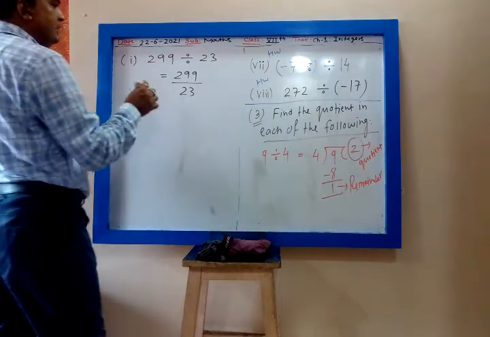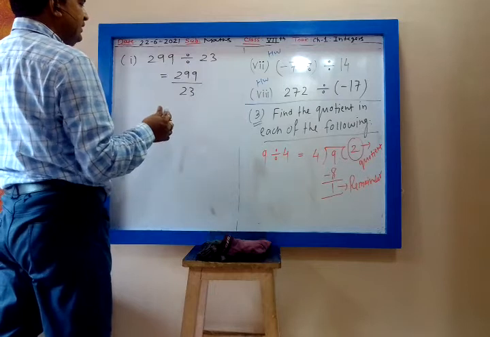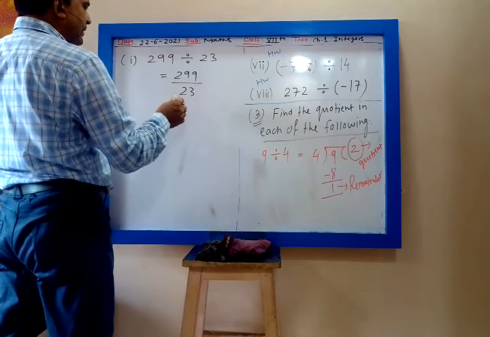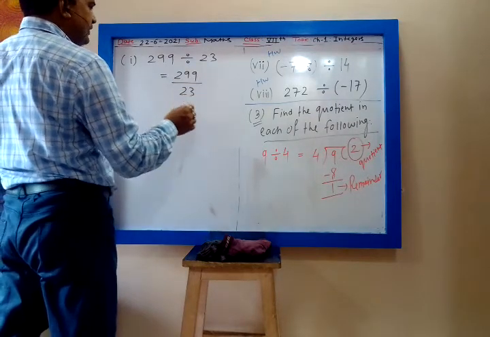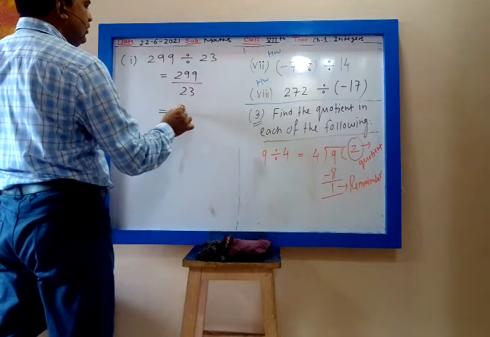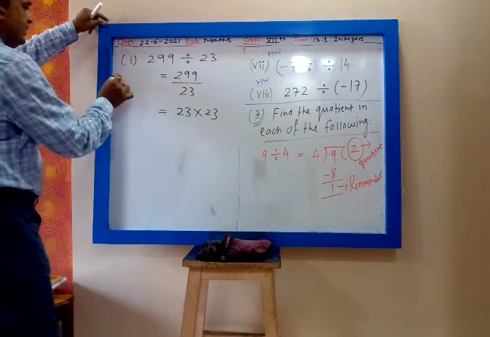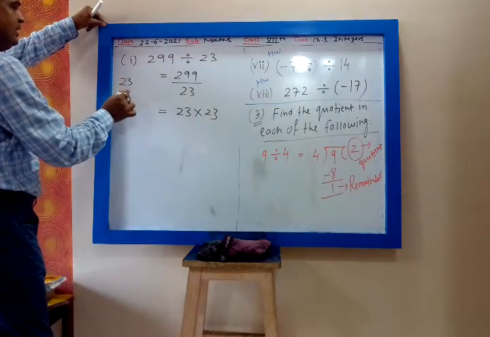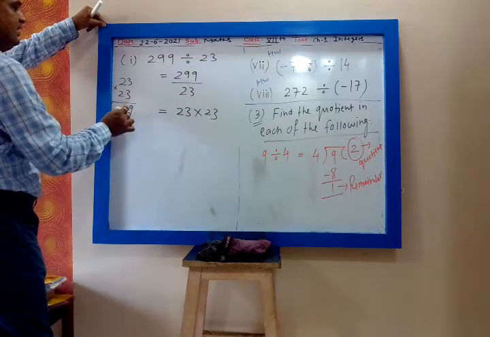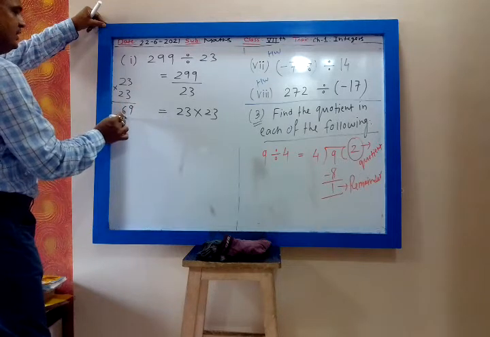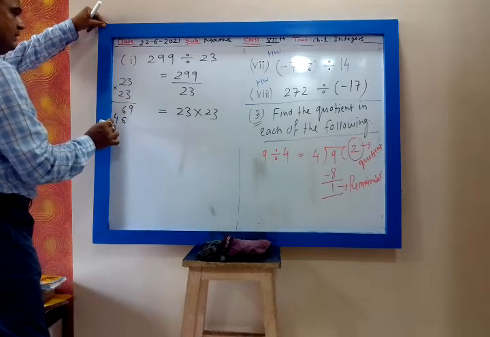Follow? Yes. So 299 divided by 23. If you see this, 299 I can write as 23 into 23. When you multiply 23 with 23, just see whether you get 299. 3 3s are 9, 3 2s are 6, 2 3s are 6, 2 2s are 4.